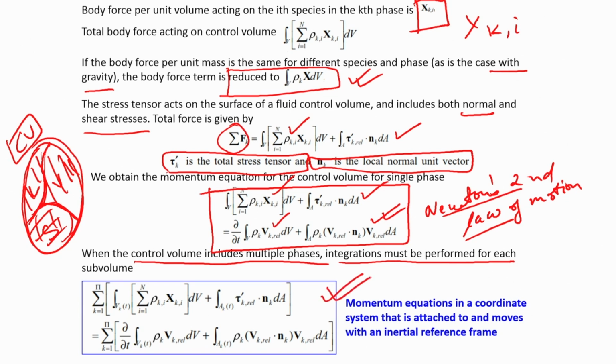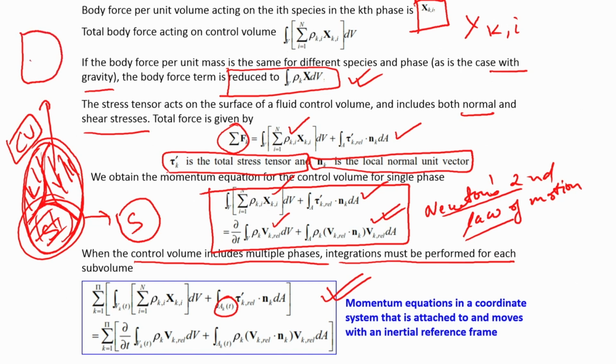If you look at this form, there are a couple of things. The area AK is the individual control surface. For example, if I look at this diagram once again and take this out, this is the area of the solid. If I take that area out, this is the area of, say, the vapor.